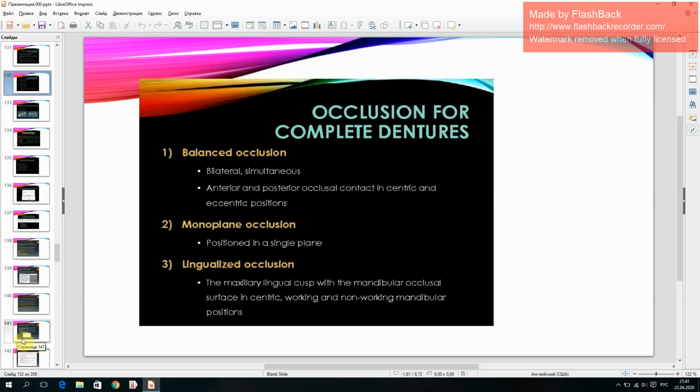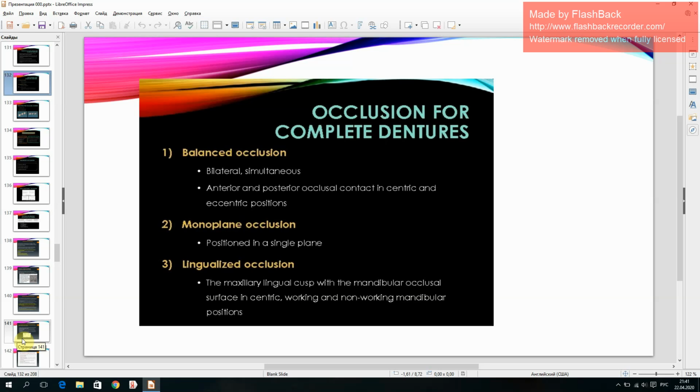Occlusion for complete dentures. One, balanced occlusion: bilateral simultaneous anterior and posterior occlusal contacts in centric and eccentric positions.